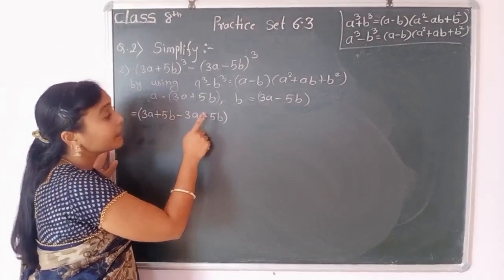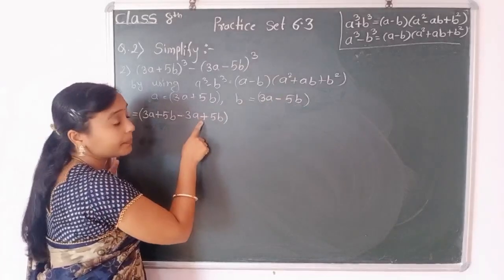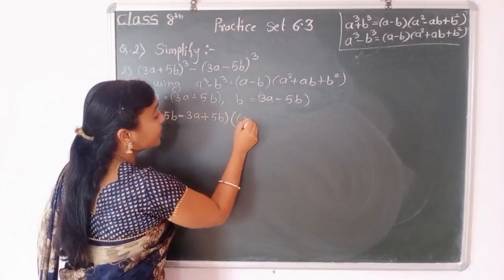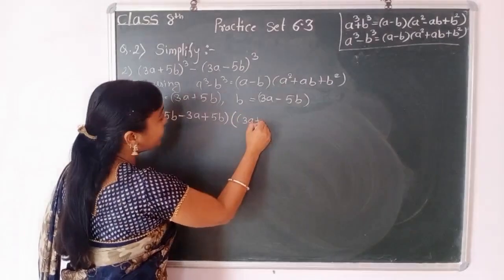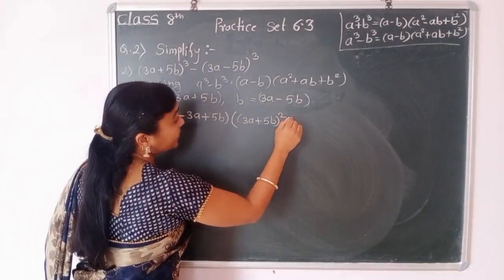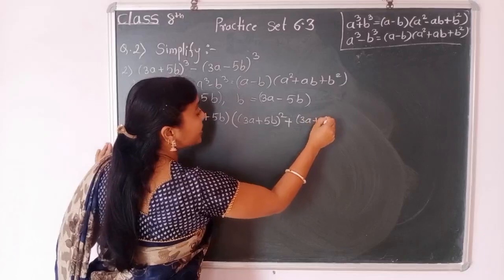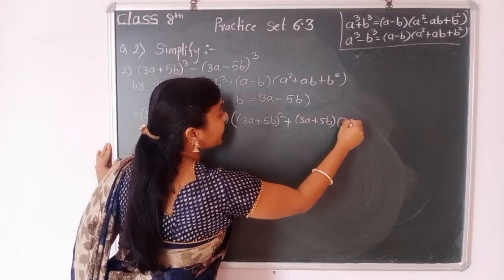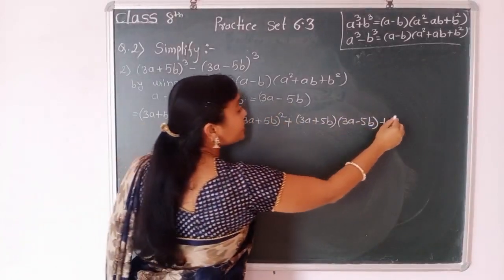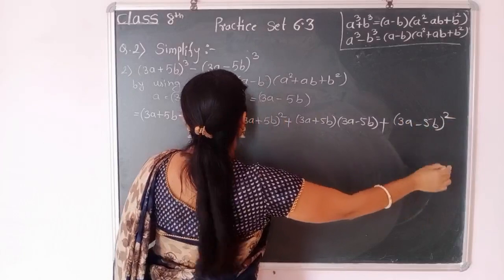So I write here plus. This minus changes with the plus. Another bracket a square means 3a plus 5b bracket square, plus a into b, 3a plus 5b into 3a minus 5b, plus b square means 3a minus 5b bracket square.